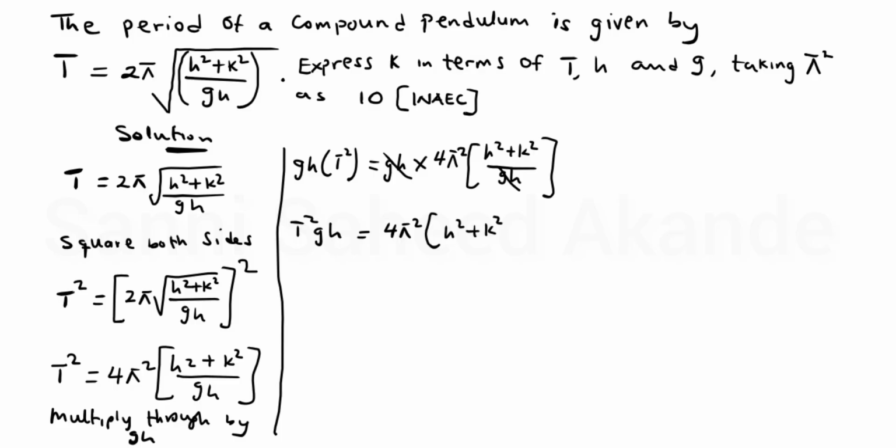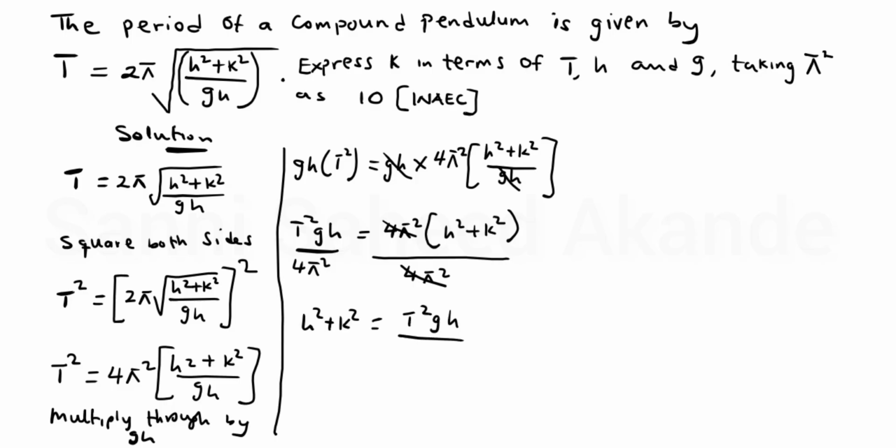All right, so the next thing is to divide both sides by 4 pi squared. So dividing both sides by 4 pi squared, this 4 pi squared will cancel this. Then we are left with h squared plus k squared equal to t squared gh divided by 4 pi squared.